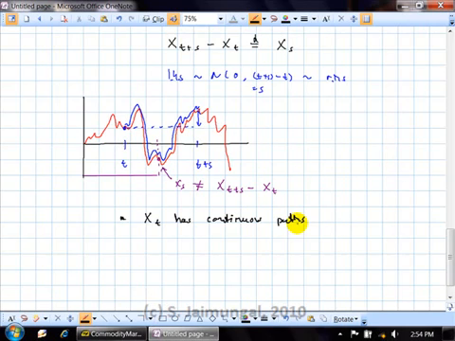Okay, that's not quite going to work, and the reason is because if I look at the increment, if the jump happens here at say half a year, and I look at the increment from 0 to 1 year, the distribution will not be normal with mean 0 and the right variance. The mean will be shifted downward by your dividend. Okay, so that won't quite work.